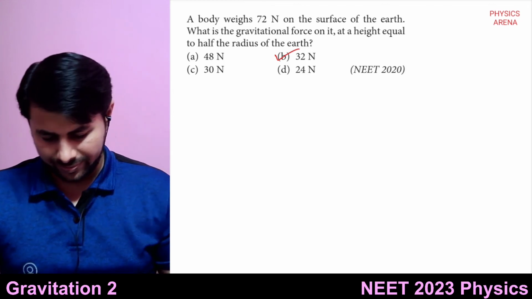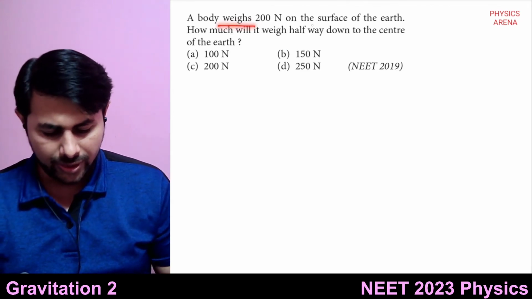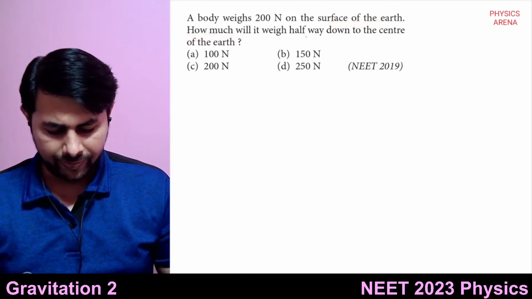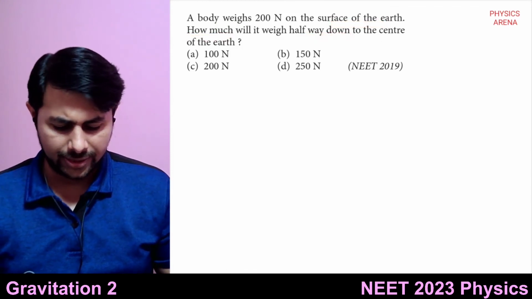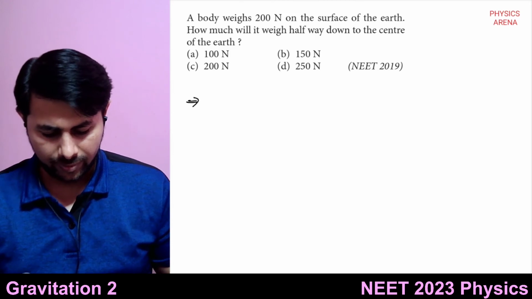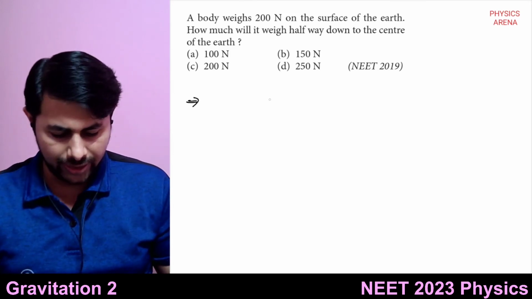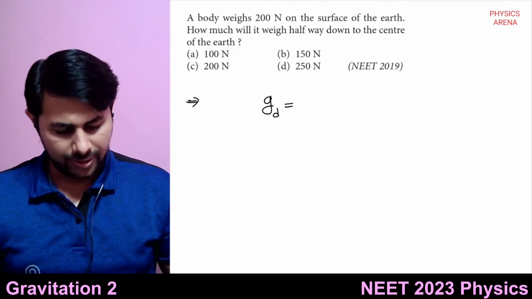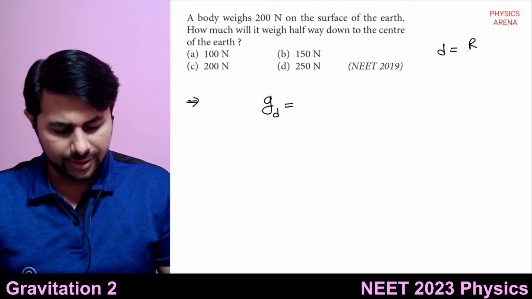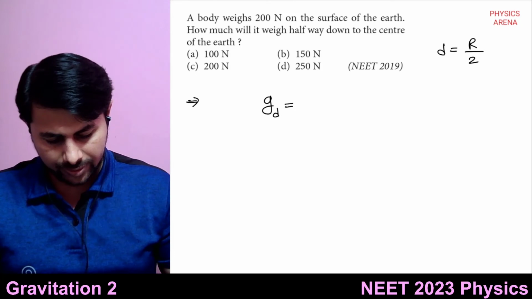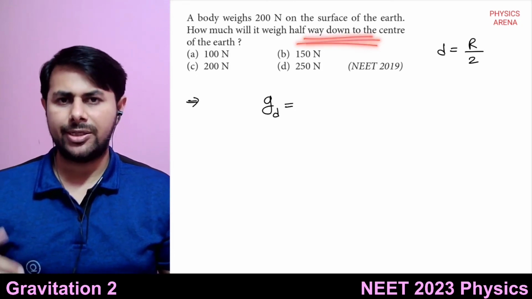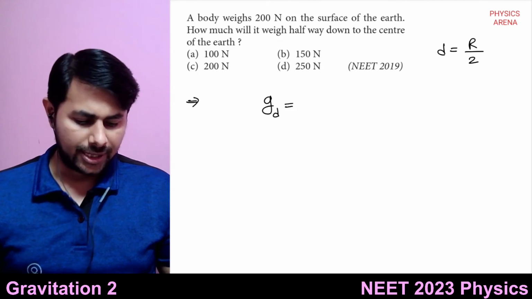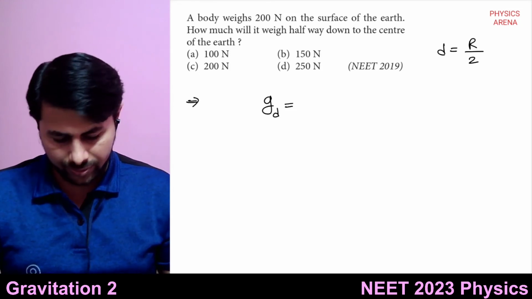The body weighs 200 Newton on the surface of Earth. How much will it weigh halfway down to the center of Earth? For that we need to find acceleration due to gravity at depth d. And how much is d? It is r by 2, because they are asking halfway down to the center of Earth. That means d is equal to r upon 2.